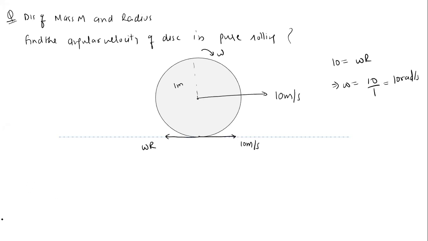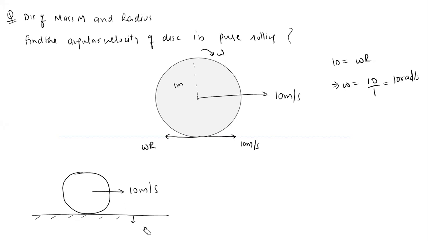Okay, fine. Now, if I give you two conditions here, you tell me the answer. Suppose we have a body that is given a velocity of 10 meter per second, and there is no friction.